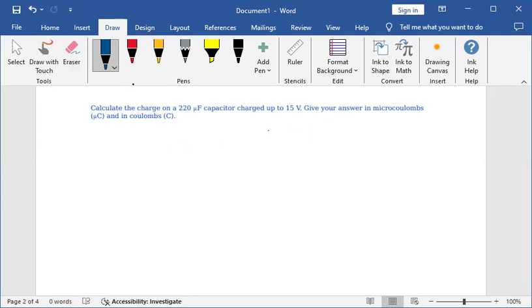So in this part, we will calculate the charge Q, and the capacitance is 220 microfarad, or equals 2.2 times 10 power minus 4 farad. And V is voltage or potential difference, V equals 15 volts.